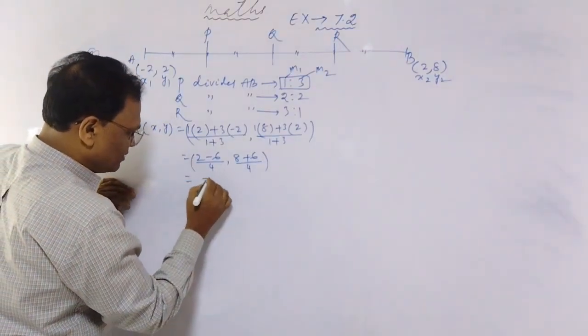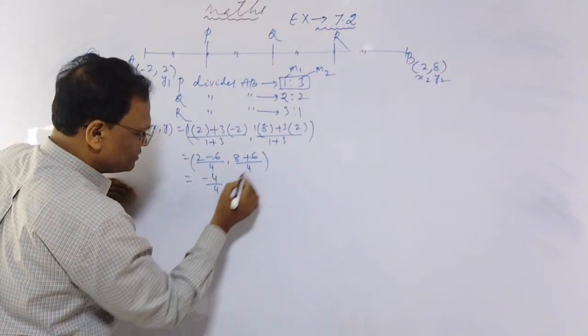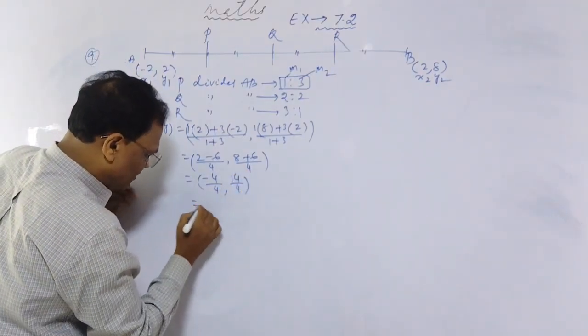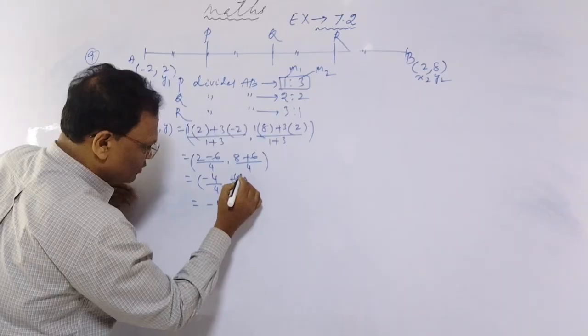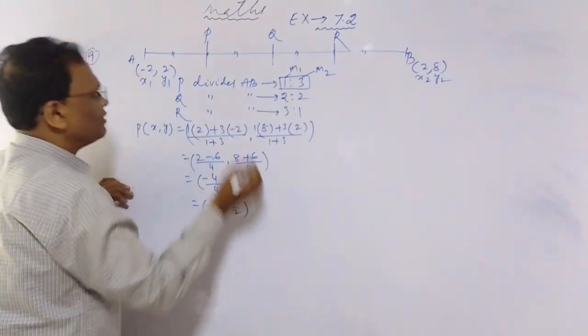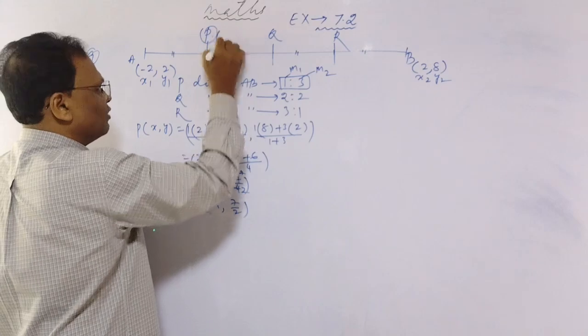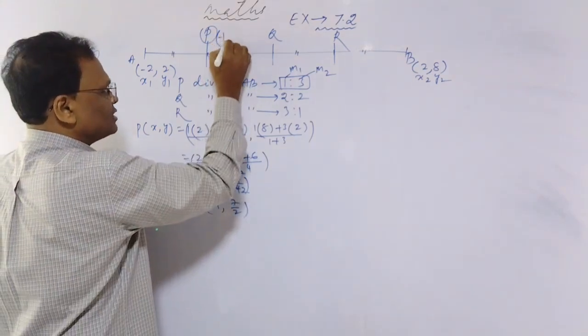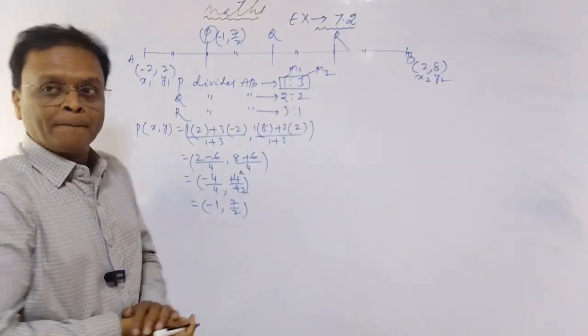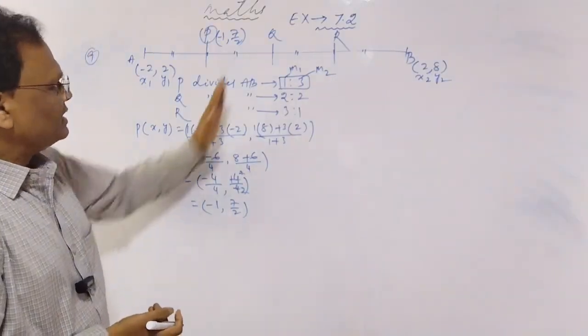In further calculation, I am getting minus 4 divided by 4 and 14 divided by 4. Further, if I divide, I get minus 1 and 7 by 2. So the coordinates of the first point P are (-1, 7/2).